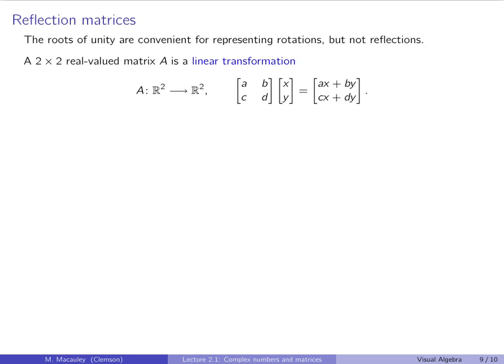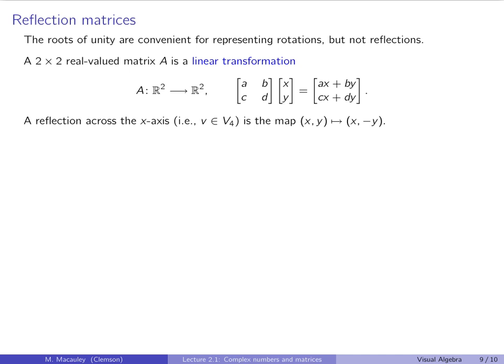The roots of unity are convenient for representing rotations, but unfortunately not reflections. For this, we need to work in the setting of matrices. From linear algebra, we know that a 2 by 2 real-valued matrix A represents a linear transformation from R2 to R2. Namely, it inputs a vector (x, y), and it outputs the product of this matrix times that vector, ax plus by and cx plus dy.